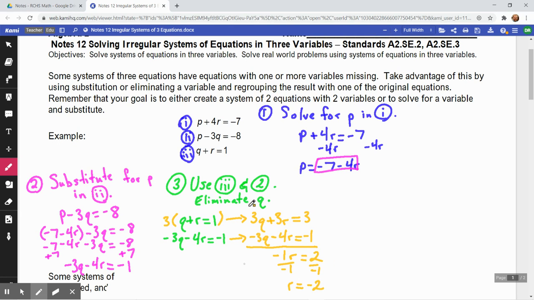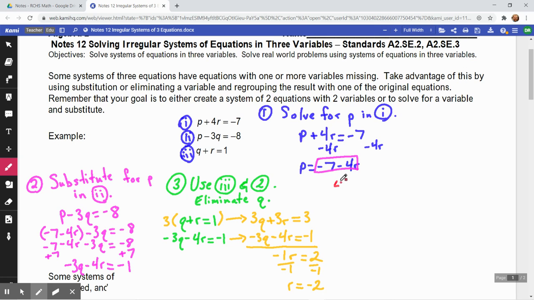Okay, so we are 1/3 of the way to knowing all of our variable values. We have R equals negative 2. We need the other two variables. And so now that we know this R value, we can put it into any equation we want to. So we have an R here and an R here. That's going to let us solve for a different variable. So let's go ahead and try that.